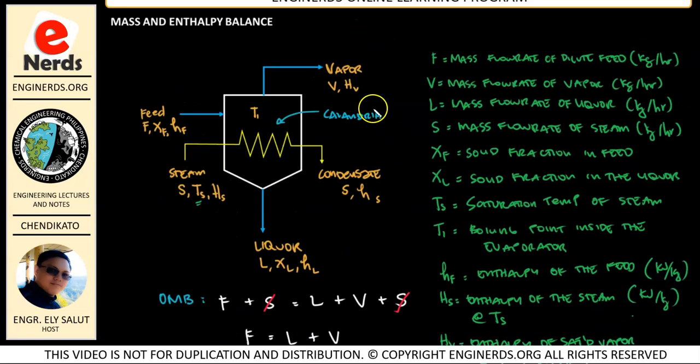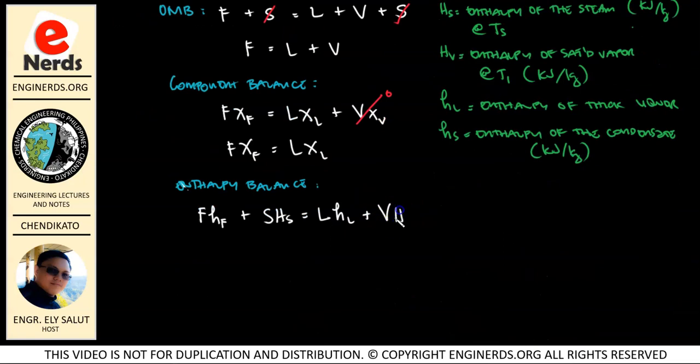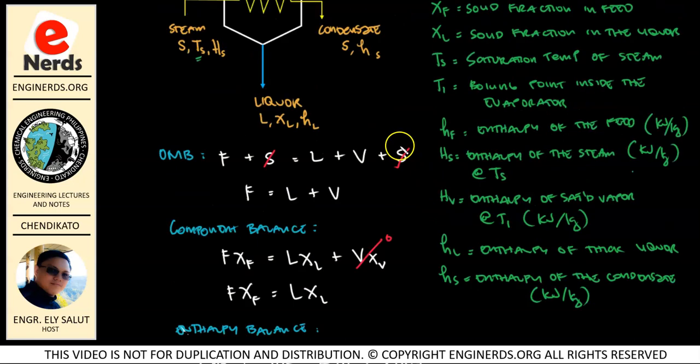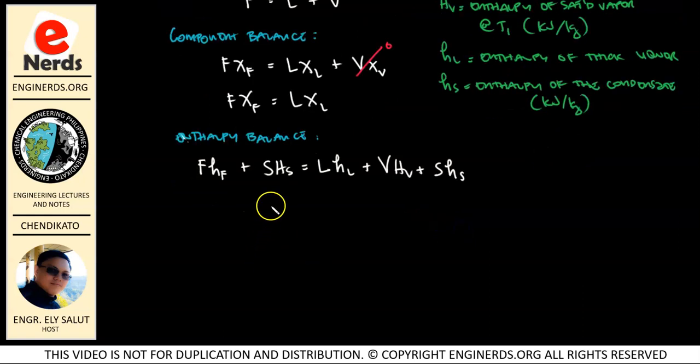Okay, our vapor is gas, so we will have capital H, HV, plus sa ating condensate, no, which is a liquid, so we have S hS. Okay, so since equal yung ating S dito, we can actually combine these two. So we will have FHF plus S times HS minus hS.